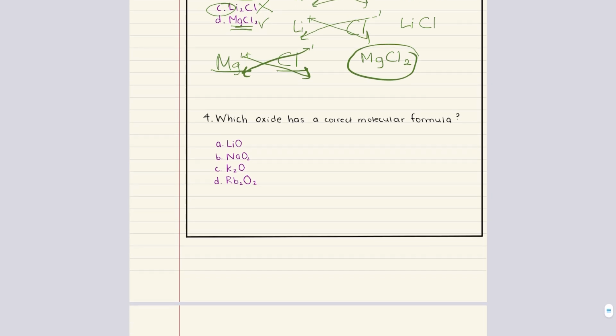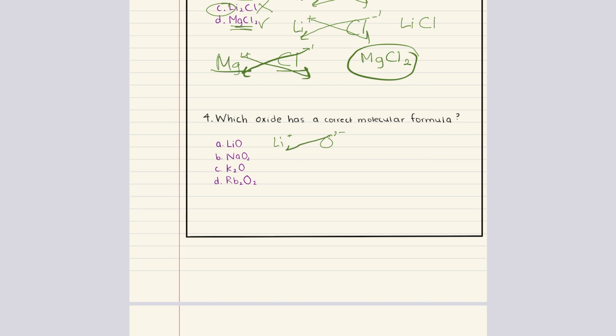In this next question, we're asked which oxide has a correct molecular formula. So we need to determine which of the given oxides is correctly written based on charge balancing. So again, we're going to analyze each option. Starting off with A, we have lithium oxide. Lithium has a +1 charge, and oxygen has a 2- charge.